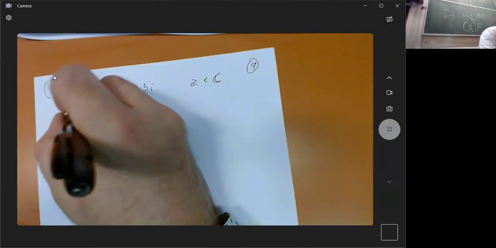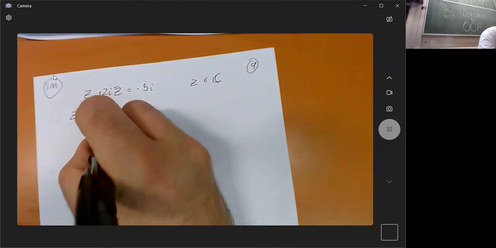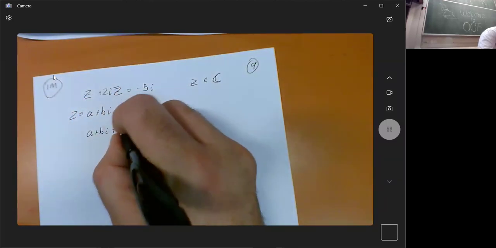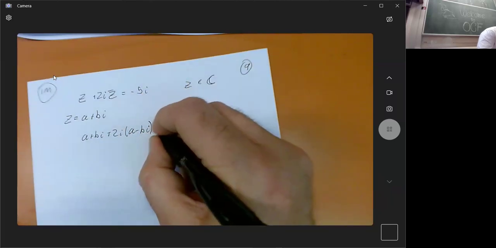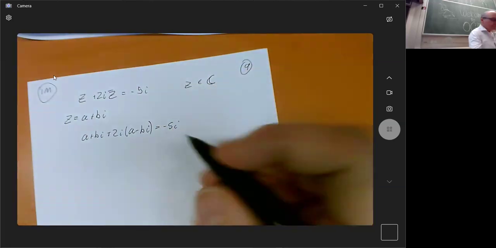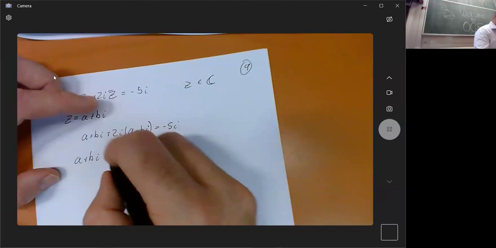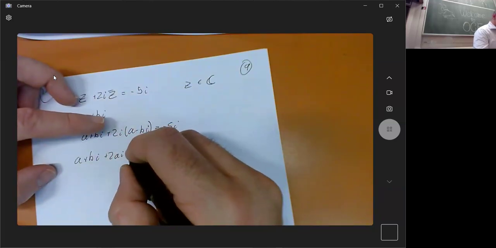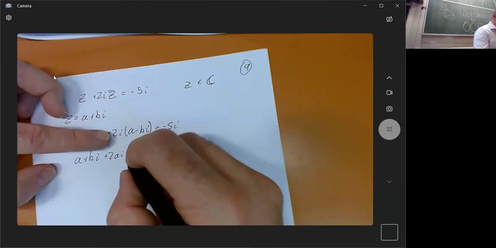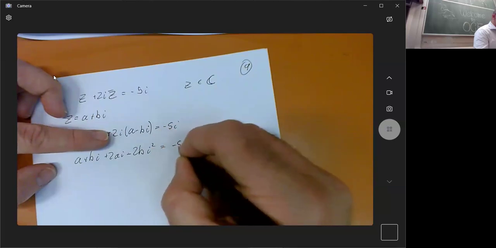And so we're going to go z is equal to a + bi. So I'm going to write (a + bi + 2i)(a - bi) = -5i. So a + bi, this is going to be plus 2ai, and then this is going to be minus 2bi squared is equal to -5i.